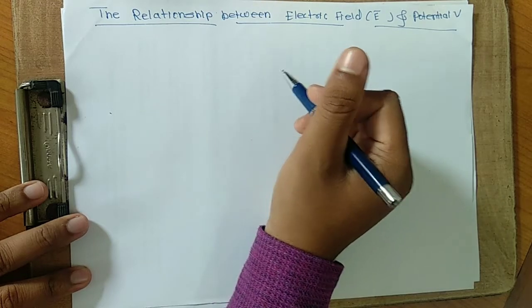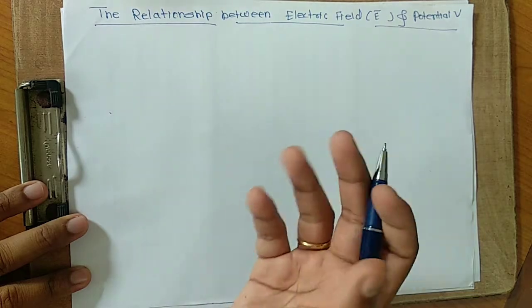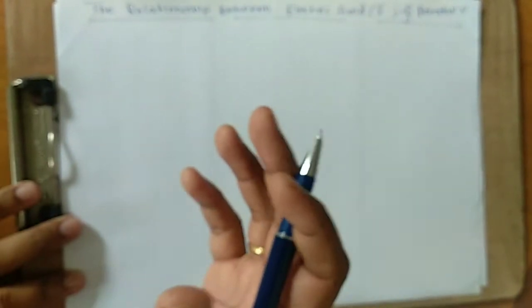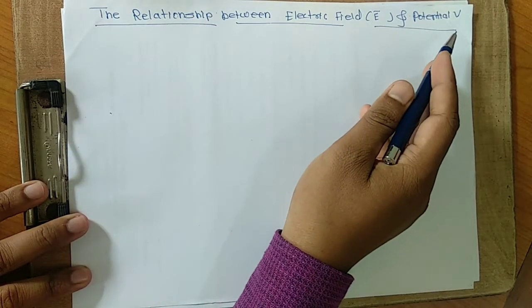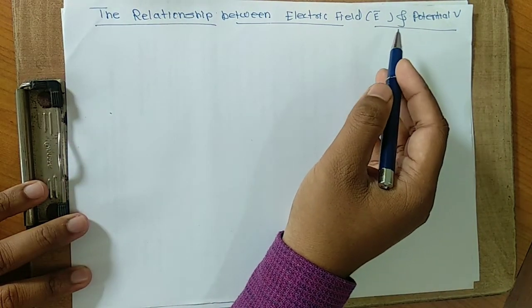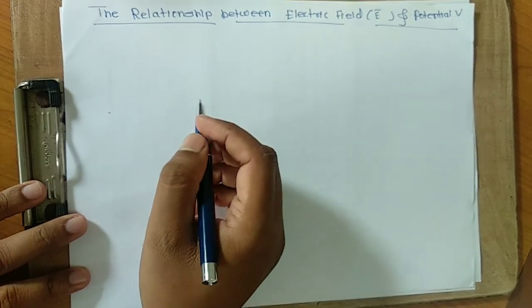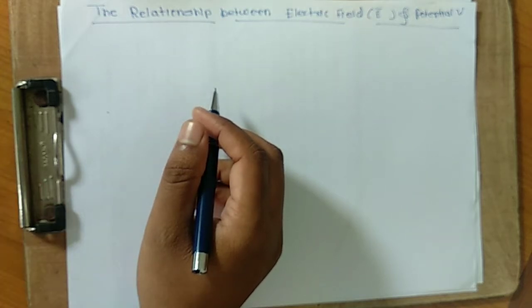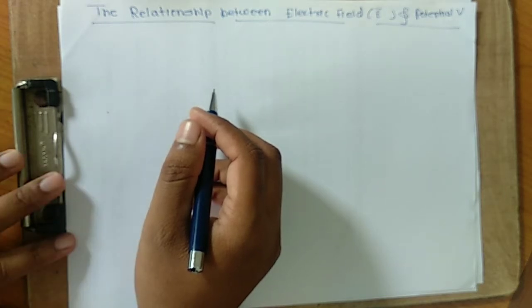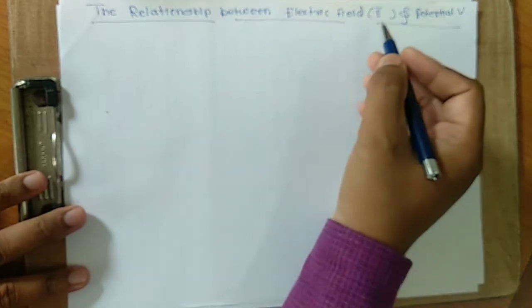It will be difficult to find the electric field intensity without knowing the potential. So we have to find the relationship between V, the voltage we are calculating, and E bar. Once you calculate E bar, other parameters like rho V, D bar, and flux density you can easily calculate.